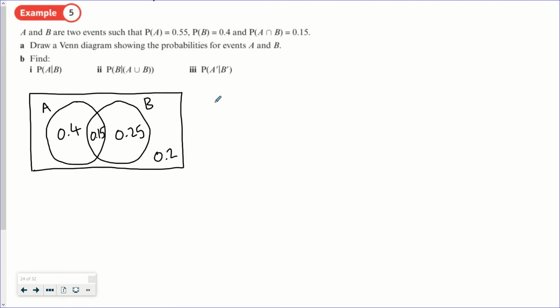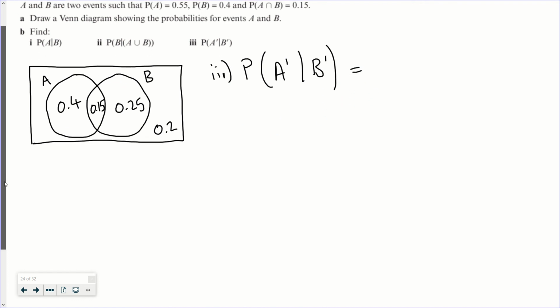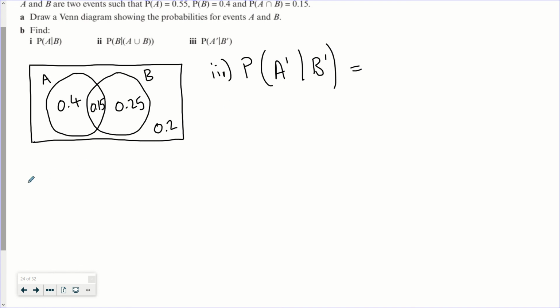And then finally, we want to work out in part 3 the probability that A doesn't happen, given that we know B hasn't happened. So looking at the region on the Venn diagram, we know that B hasn't happened.